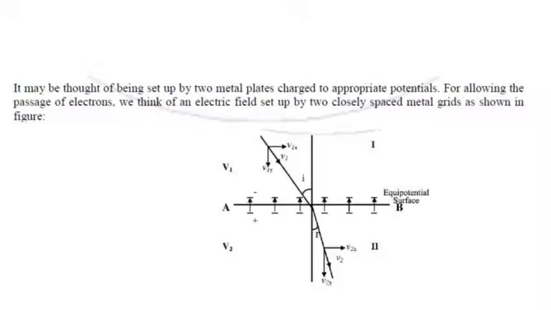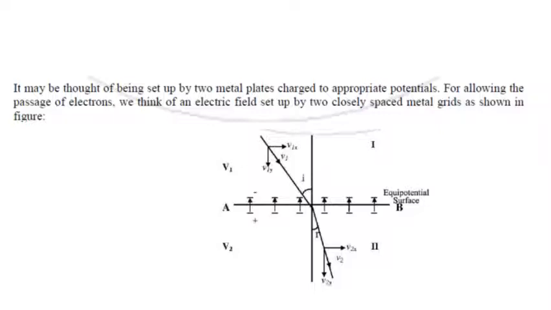In V1, suppose it is moving with velocity v1, then it can be divided into x and y components, v1x and v1y. Similarly, after entering the second region, v2x and v2y. The angle with which it is entering, I am denoting as i.